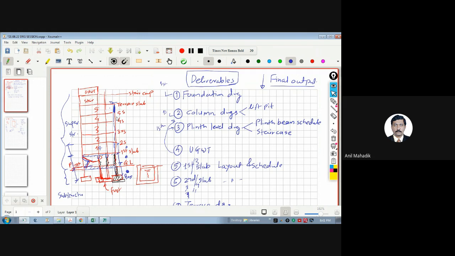So you know that column load goes on increasing till the foundation. So terrace it is very less, and at the foundation it is very high. That means you can reduce the steel or sizes of the column as you go up. Getting this? Yes, sir. So the column size and steel will be more at the base, and as you go up, you can reduce it because there is no much load as you go above.